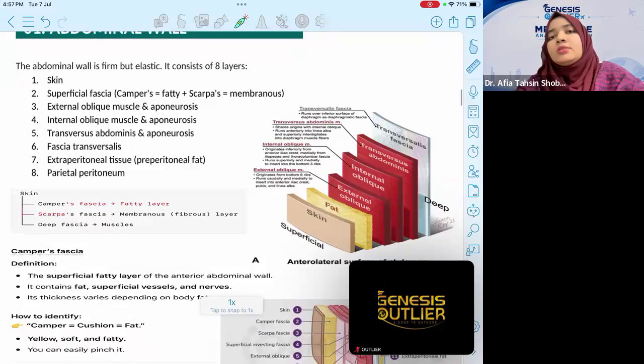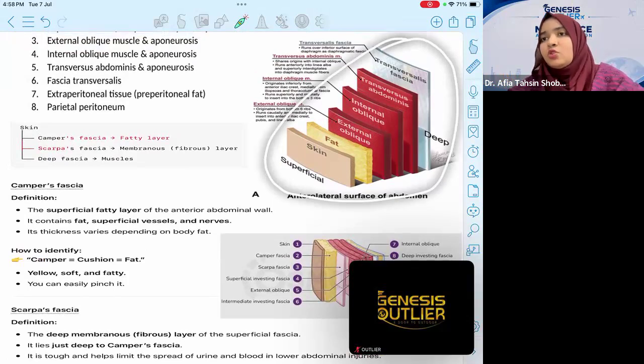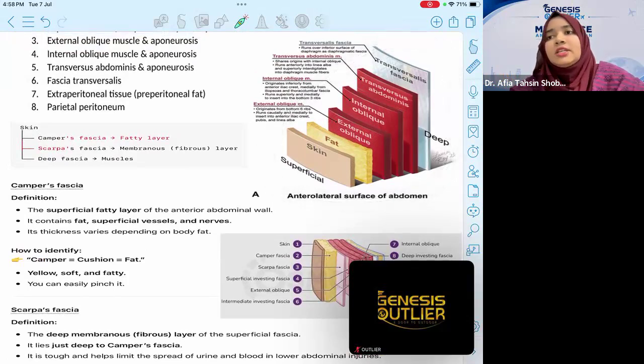Then you will get three muscles and their aponeurosis: external oblique, internal oblique, and transverse abdominis muscle with its aponeurosis. Then what will you get? Then we will get fascia transversalis, then extraperitoneal tissue, or peritoneal fat, and parietal peritoneum. Just imagine these layers to keep in your mind, then you can tell easily.